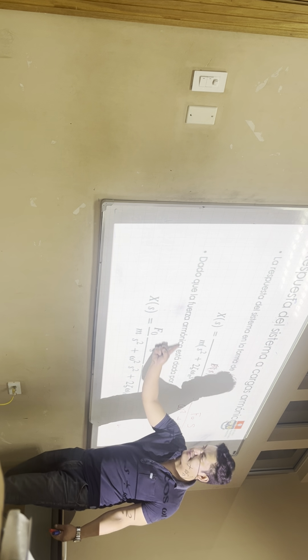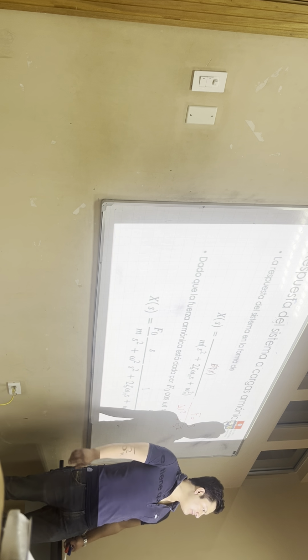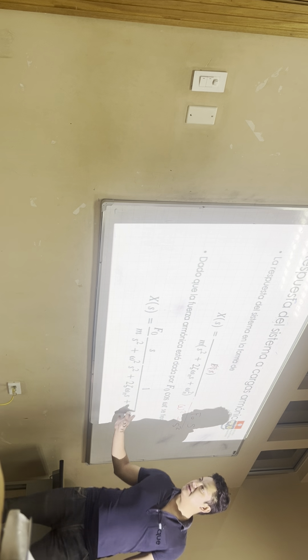The next thing to be done is to look on the tables if you have a time domain function for this, applying the inverse. If you have a look at the tables, you will waste your time because there are no functions that are already expressed like this. What should you do in order to actually find the correct function in the time domain? That's one of the approaches that you might follow.